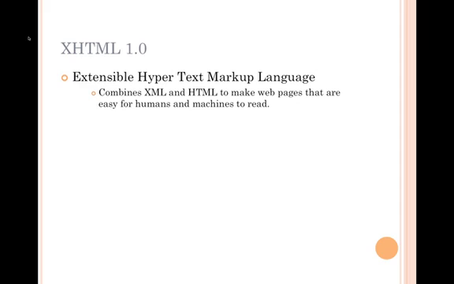And so the goal of XHTML is to create documents that are easy for humans and machines to read, so that documents are easy for search engines to find, and so that in the future, as web technologies evolve, people's content inside web pages doesn't have to be restyled or reformatted.